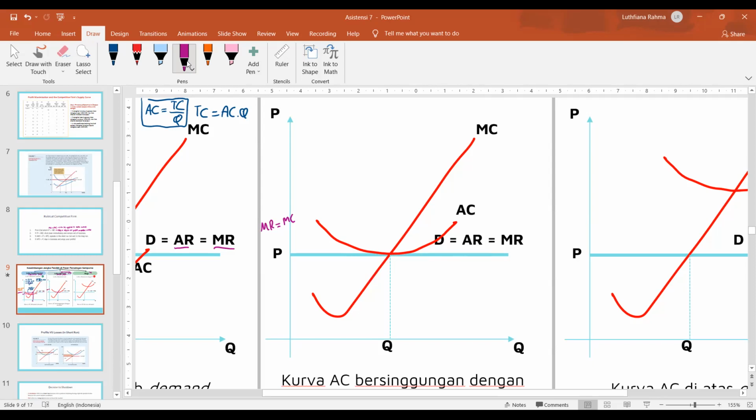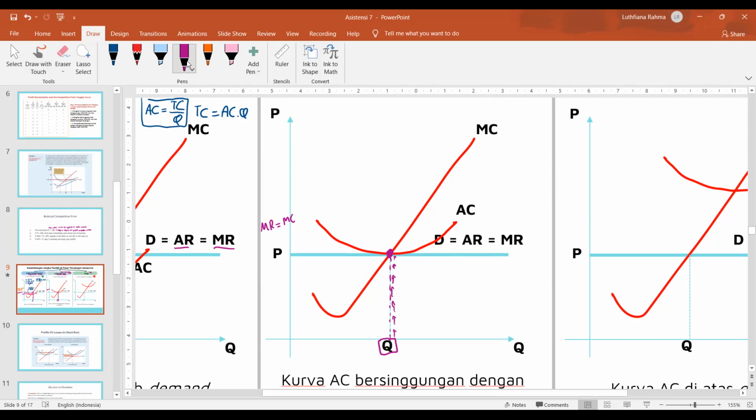So it is obvious that the firm will produce at this point. So at this point, it means that the firm should produce at Q. At Q, is there another curve? Yes. We move upward and then we see that, wow, there are so many curves there.